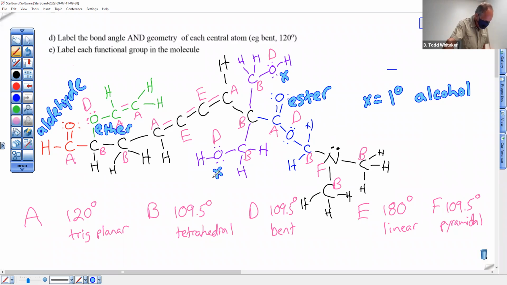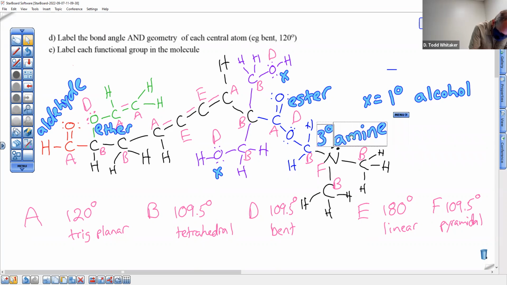Functional groups. We got our X's called primary alcohols, ester down here. When nitrogen's attached to 3 carbons, you call it tertiary. And none of those carbons is a carbonyl. None of them. It's an amine. And I should have put that a little closer to the nitrogen, right?